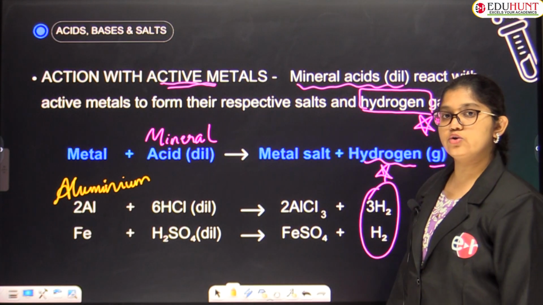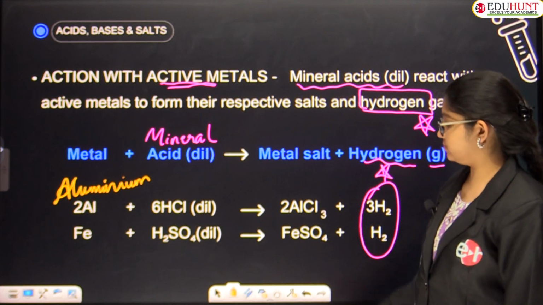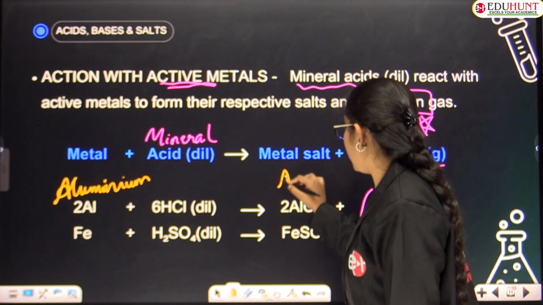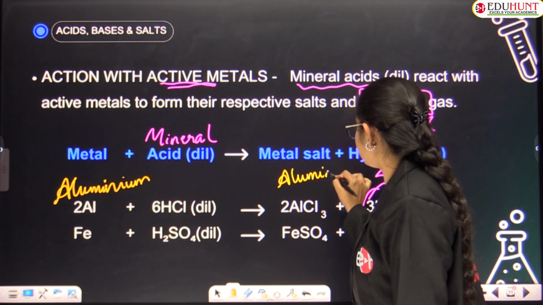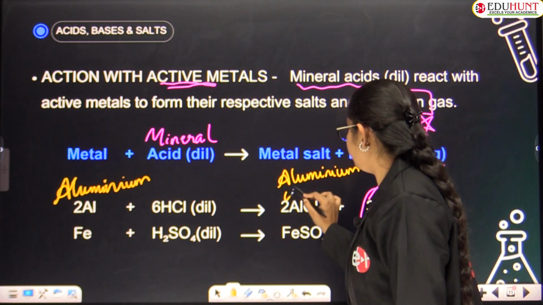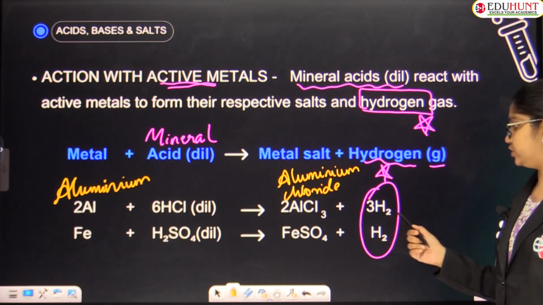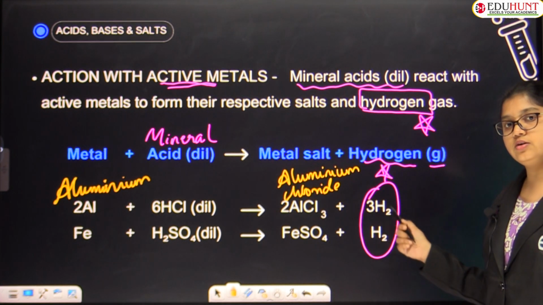HCl means hydrochloric acid or hydrogen chloride. It gives rise to AlCl3. What is AlCl3? Aluminium chloride plus 3H2, 3 molecules of H2.